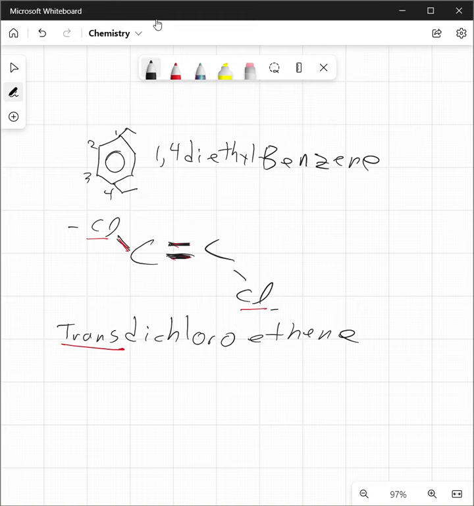You need to tell the person you're dealing with where those substituents are in relation to one another, because it makes a huge difference. Chlorine is very electronegative in this case. If they're on the same side, they're going to try to repel each other, so that changes how the molecule looks. If they're far away from each other, it's going to be more stable.